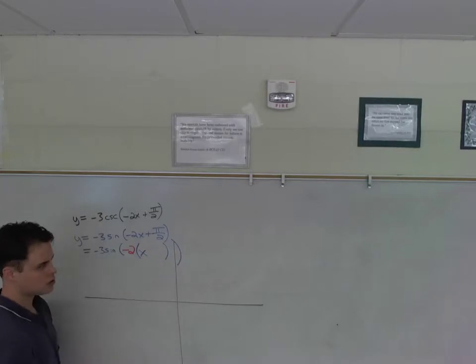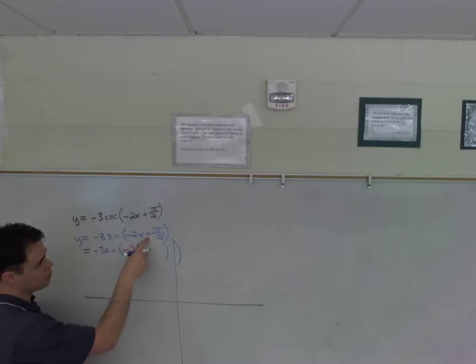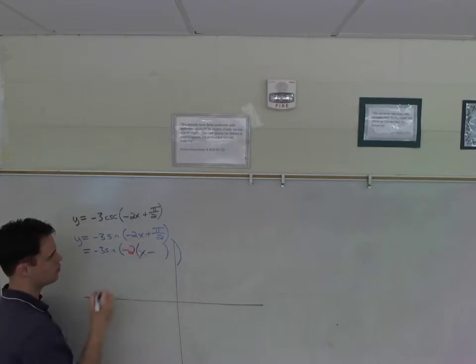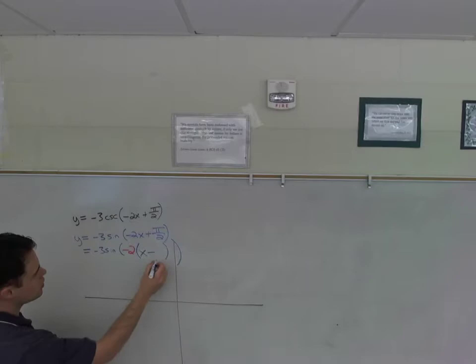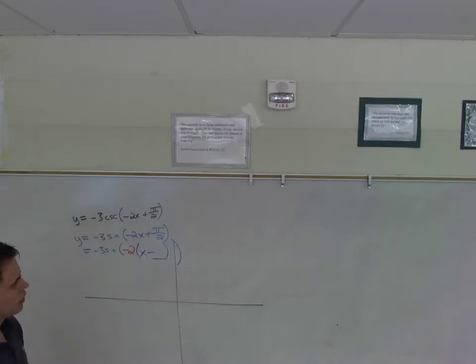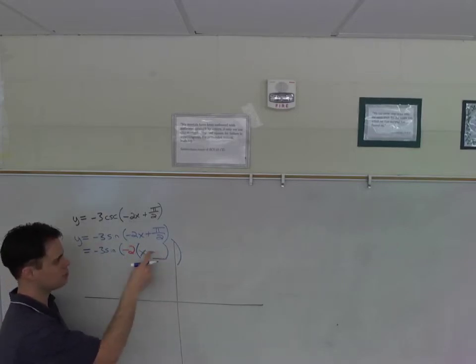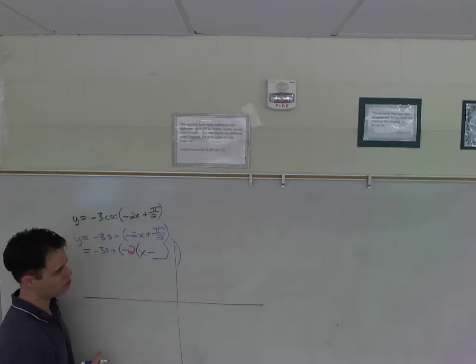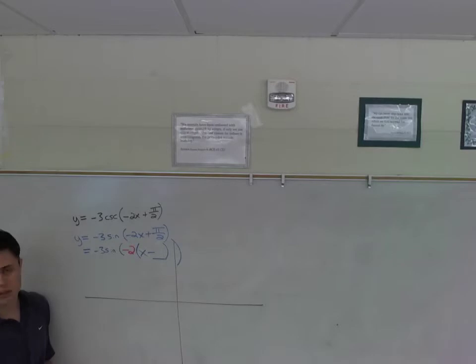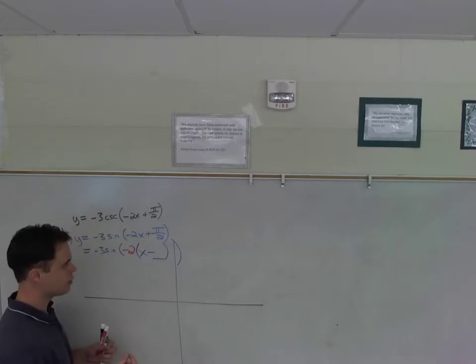Obviously the first part is x. If I pull a negative out of a positive, that's going to change that to a minus, right? And now this is the part where a lot of people are going to have trouble. You could think about it 2 ways. You can guess and check. Maybe I should put pi here. If I put pi here, the -2 times pi, that's not pi over 2, and you can just keep guessing in like fashion. If you want to do it the other way, remember, factoring means division.